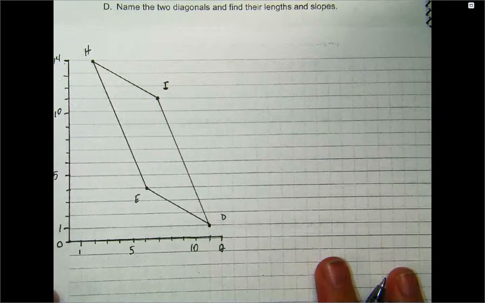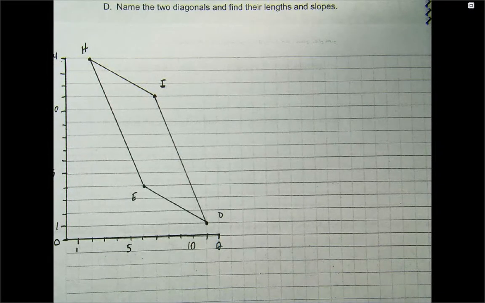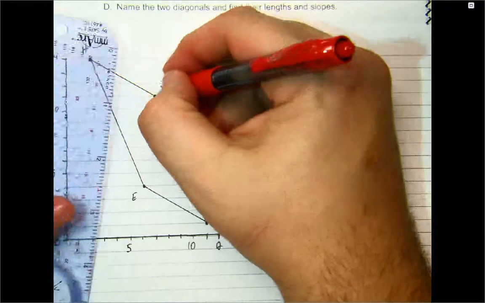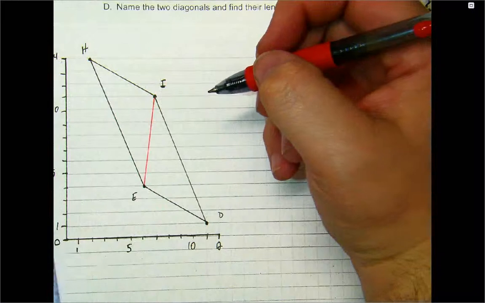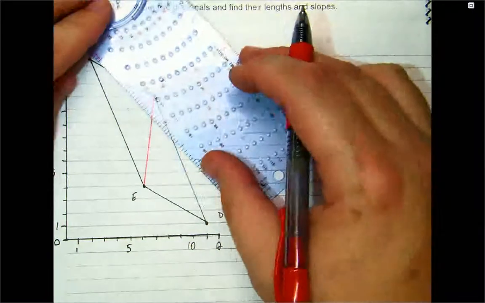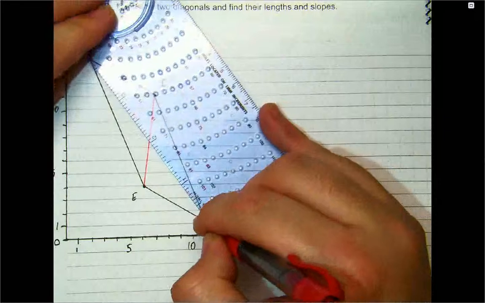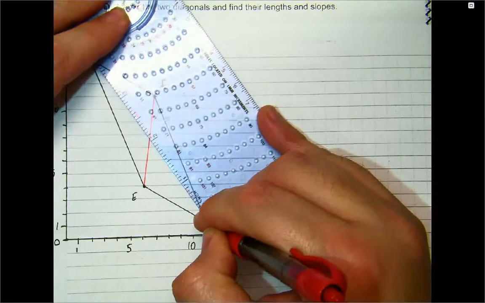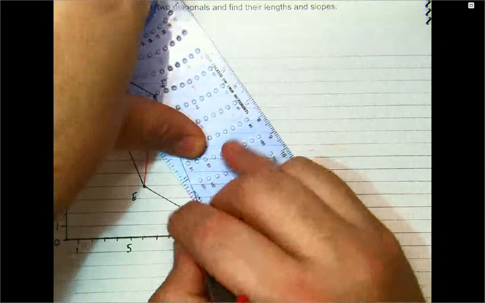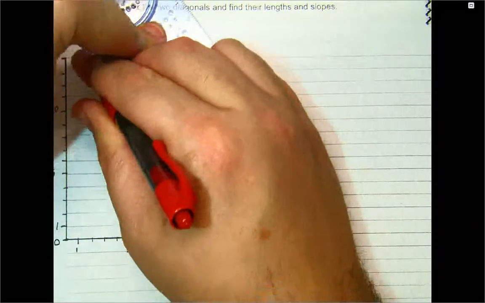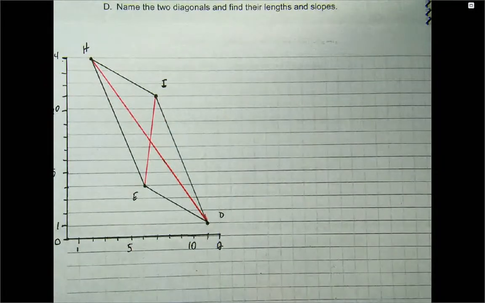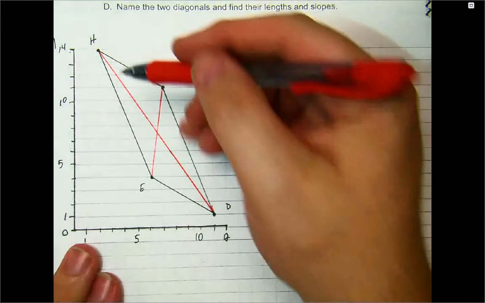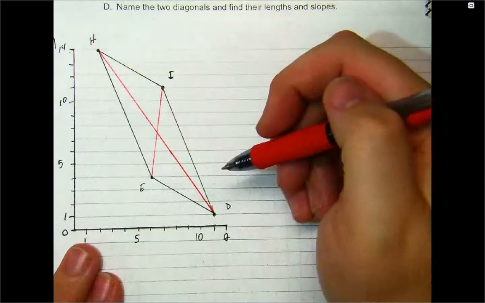Now, the diagonals are the segments that connect the points on the interior of whatever quadrilateral we have.